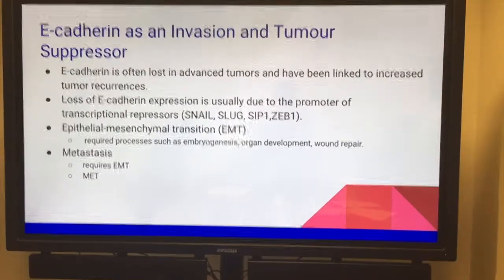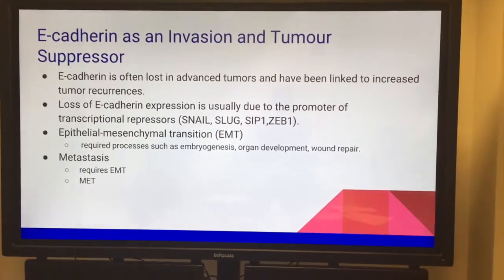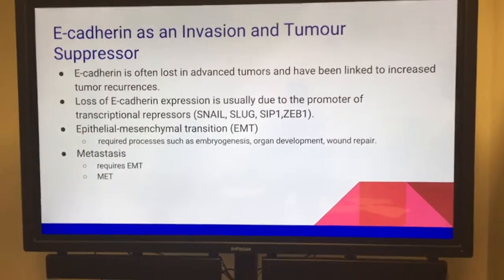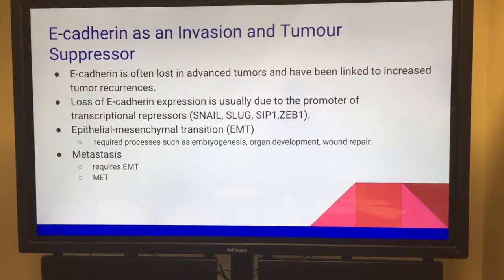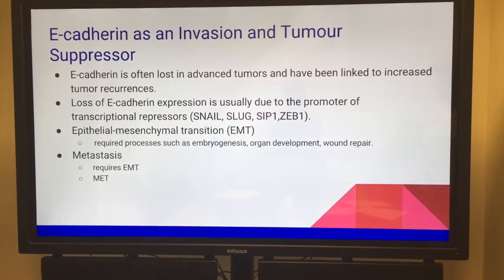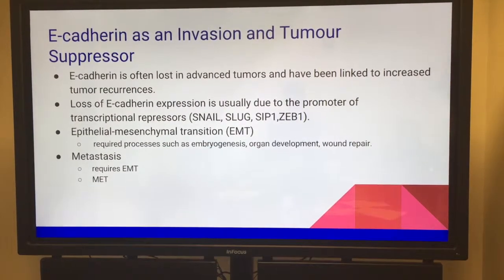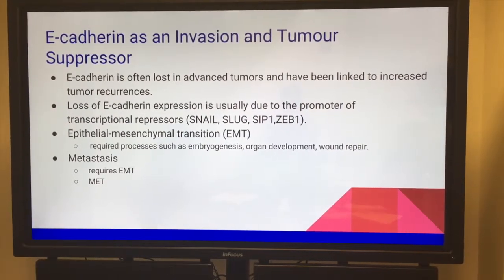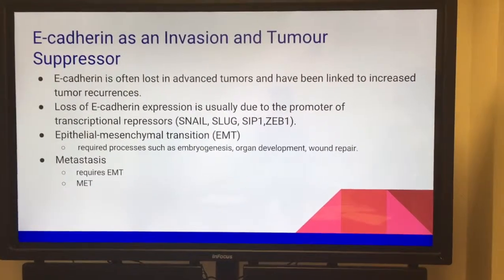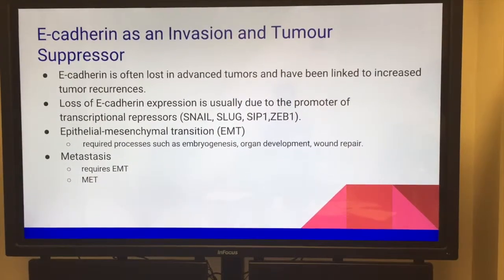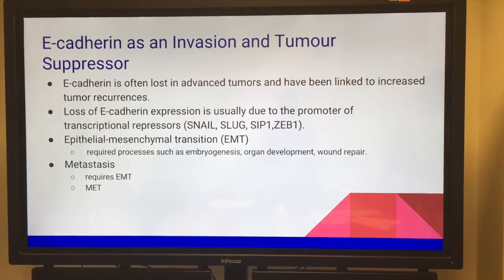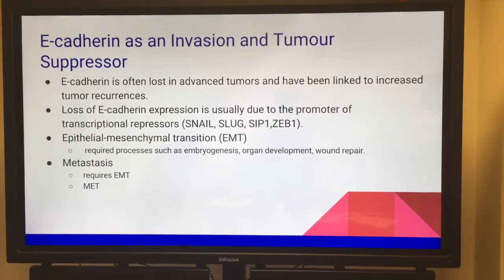Mesenchymal cells are basically the basis for cancer cells, and when they move from one part of the body to another, it's known as metastasis. When the circulating tumor cells exit the bloodstream, they undergo mesenchymal epithelial transition, or MET, to form new tumors at the sites where they end up.